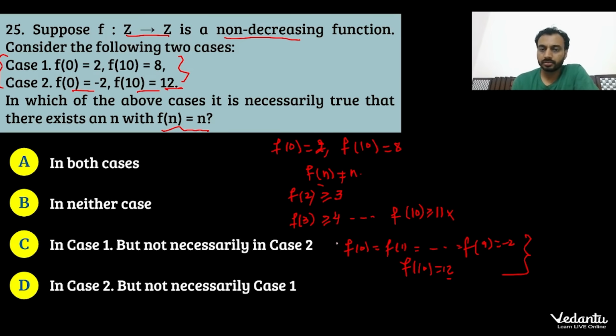So in this there is no necessary condition for f(n) is equal to n, but in the first one we have seen that if f(n) is not equal to n, we get a contradiction. So the answer is: in case 1 but not necessarily in case 2, right?